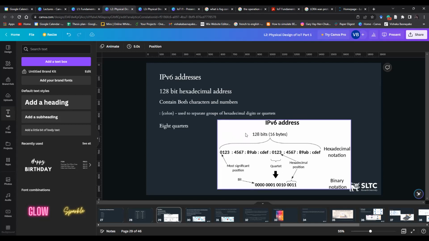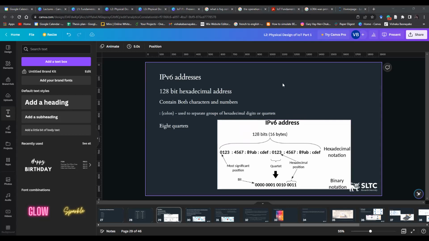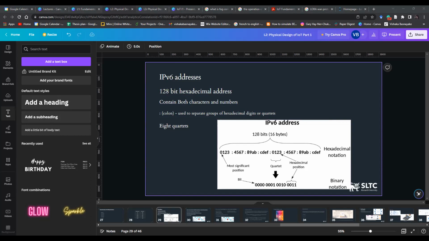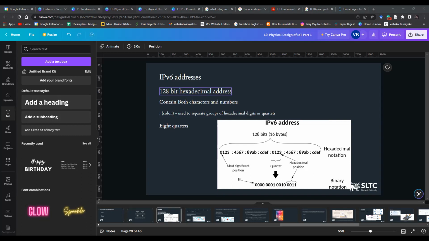And then we will talk about the IPv6 address scheme and what are the definitions related to that. So in the IPv6 address type, we have a 128-bit hexadecimal address, right? So when we convert the IPv6 address to binary format, there are 128 bits included in there, right?